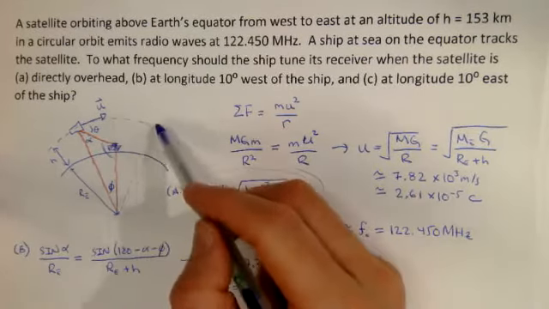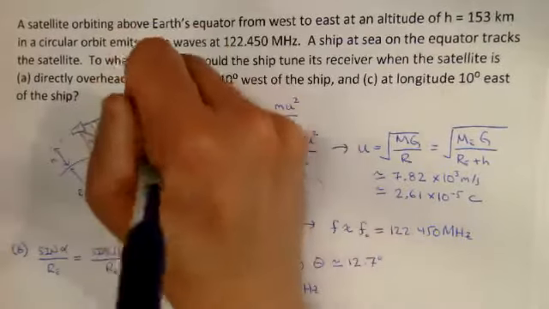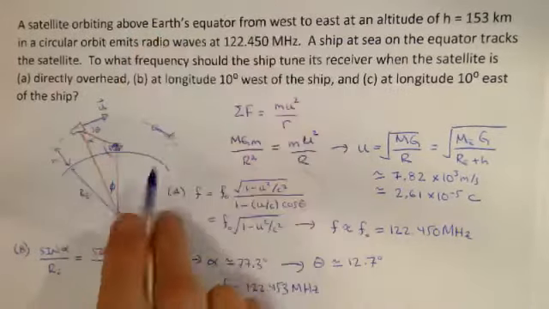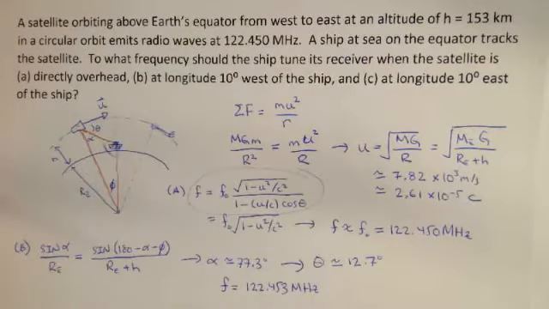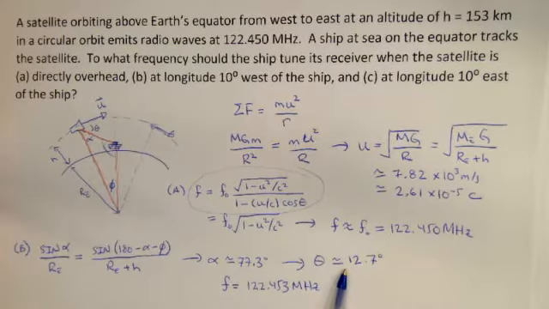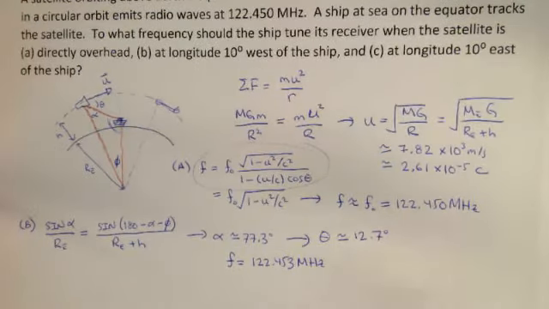Now let's do the same for when the satellite is over here and it's moving away from the ship. Well, the angle winds up being the same in magnitude. And so in this case, the difference is that it's receding.